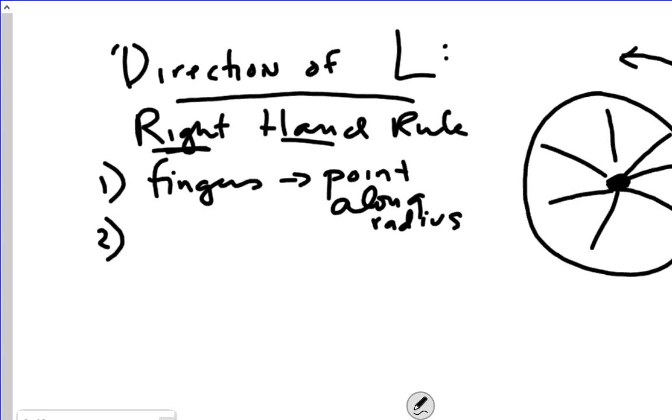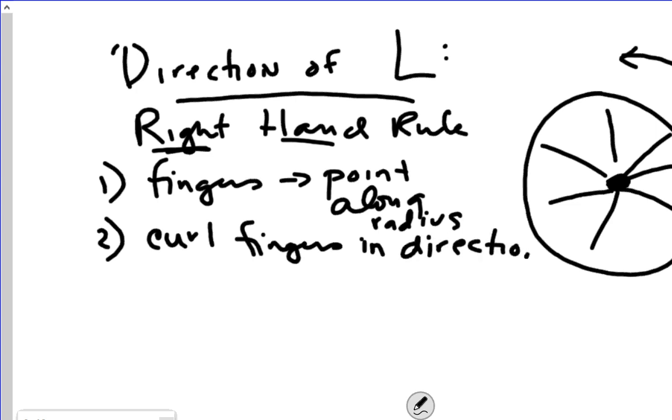I know I'm not going to be able to draw it. And then the second thing you want to do is curl your fingers in the direction of the linear momentum, which is a fancy way of saying the velocity, really.